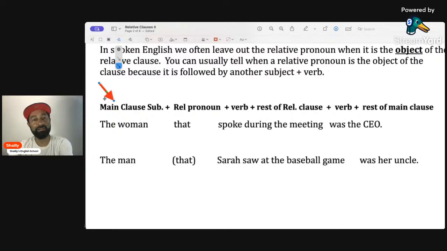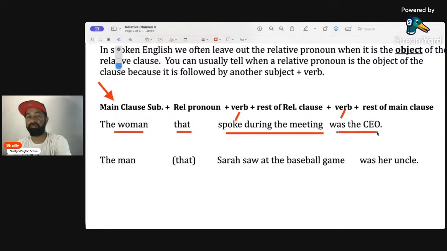We're going to use the relative pronoun. Then we've got a verb. Then you've got the rest of the relative clause, then another verb, and then the rest of the main clause. So we've got the woman, that, here's my relative pronoun. I've got my verb here, spoke during the meeting, and my next verb was the CEO. Now, this is a very typical way to use the relative clause, using relative pronoun that.